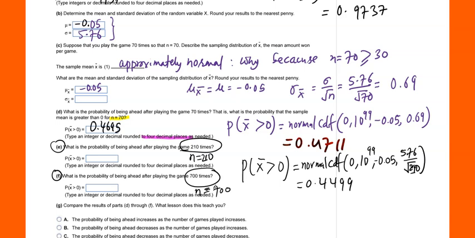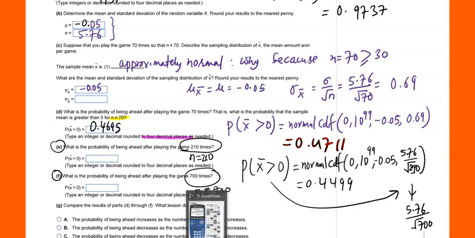We do exactly the same thing here, except we put this standard deviation as 5.76 divided by square root of 700. Okay, all is going to be similar, and you get the probability. Let me put that back in the calculator and show you what you get. You put everything exactly the same, except this sampling standard deviation is going to be this number.